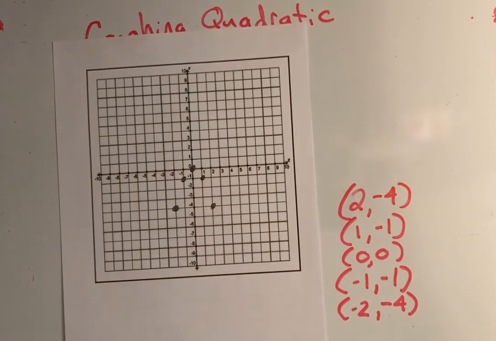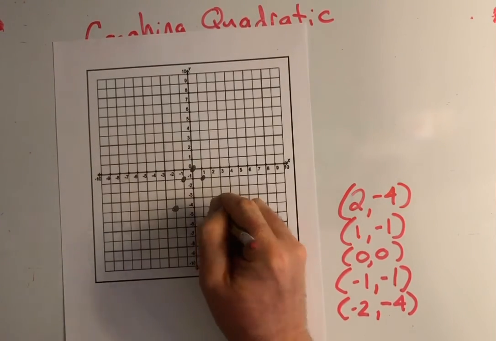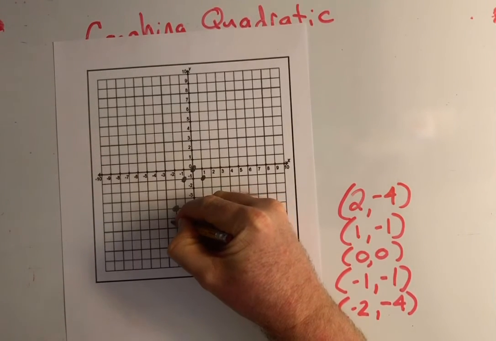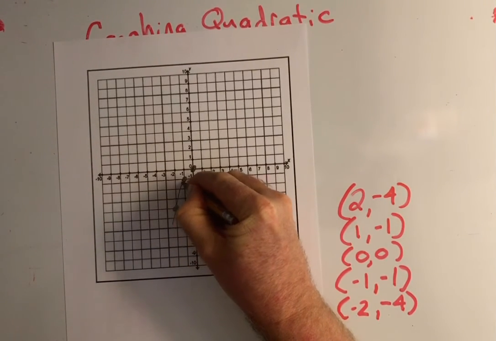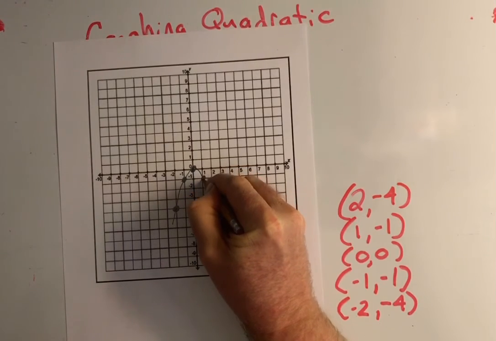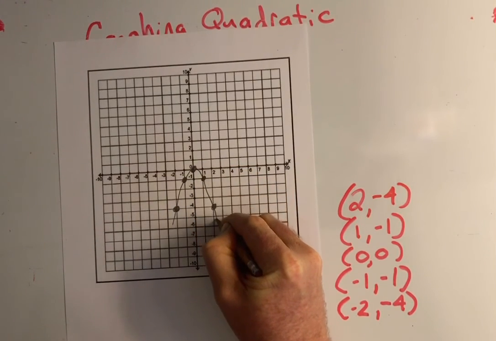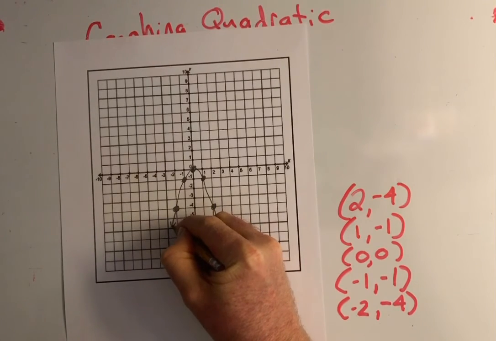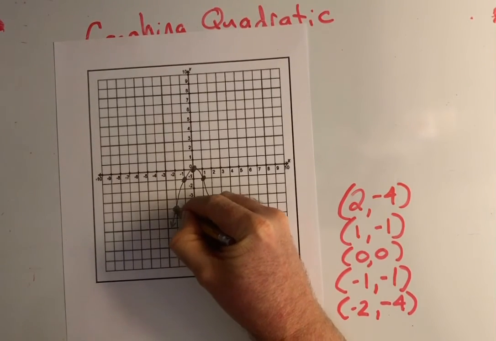All right, now is when I connect the dots. I'll start here. And remember, it's not supposed to be a straight line in between points because it's a curve. It's actually called a parabola.